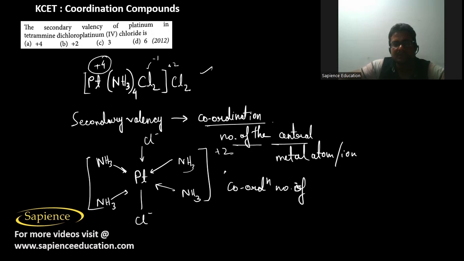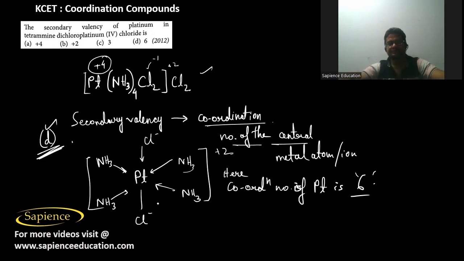So the coordination number of platinum is 6. Hence the secondary valency of platinum is 6, so option D is the answer.